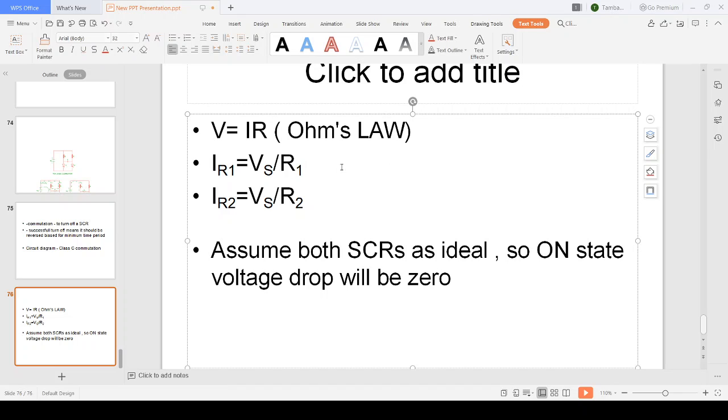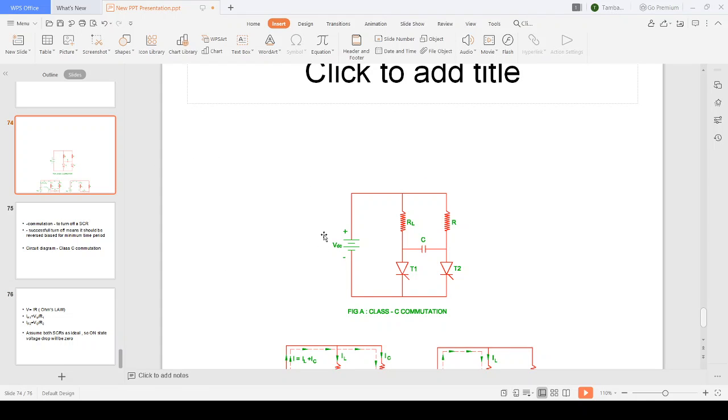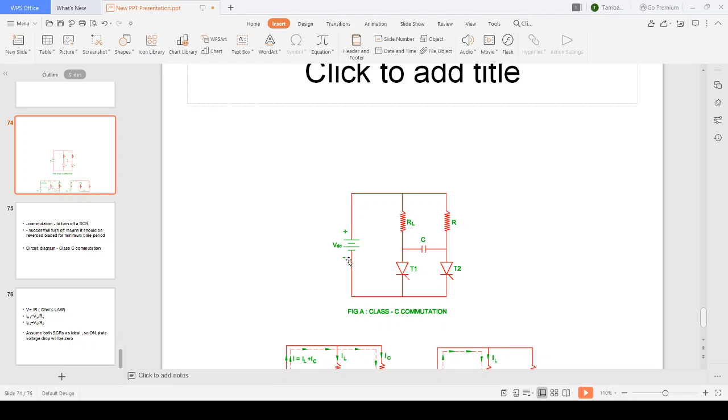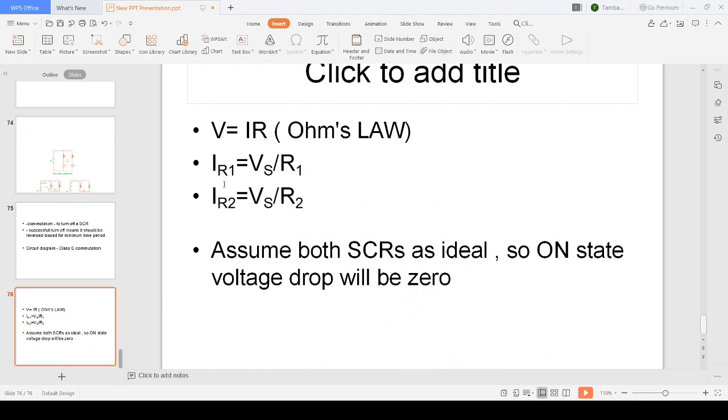Now, if you apply Ohm's law to this circuit, you will get two equations. First is IR1 equal to Vs divided by R1. Here Vs is the source voltage or DC voltage.